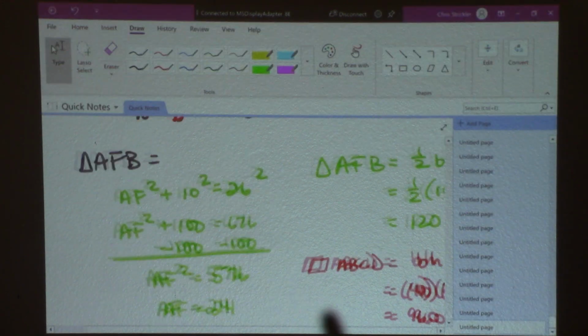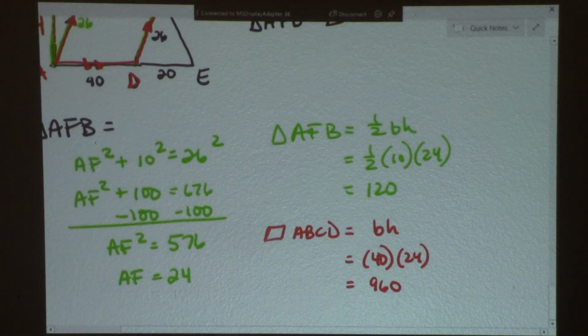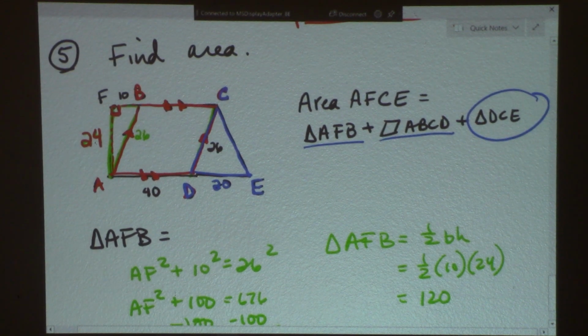Okay, let's change colors again. How about blue? What's my last piece? I've done ABCD. The last one is triangle DCE. That's right here, and I know the base is 20 already. What's the height? Well, my height of 24 comes in handy again. I can redraw that over here.